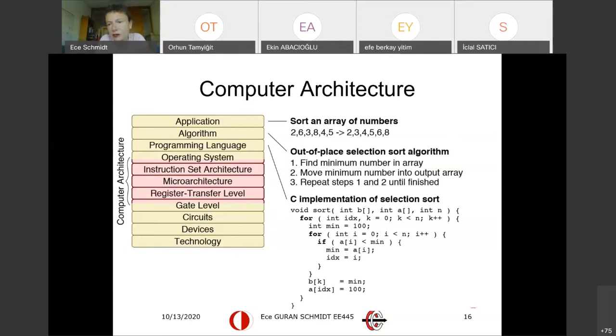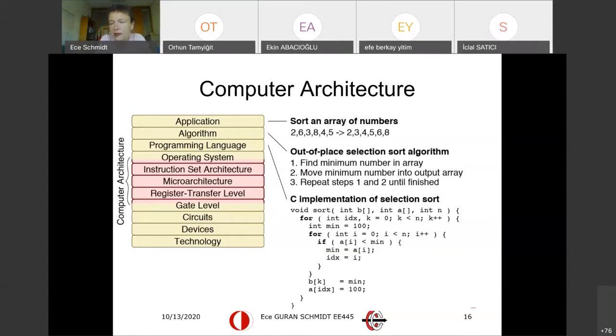The application here in this example is that you want to write a piece of code that sorts an array of numbers. You give some unsorted input and it gives you the sorted output. Now you need an algorithm to realize this application.